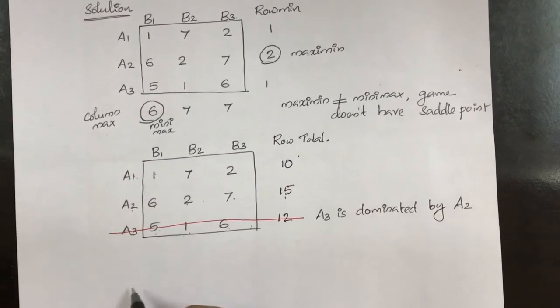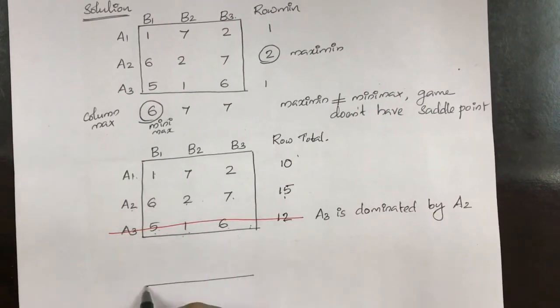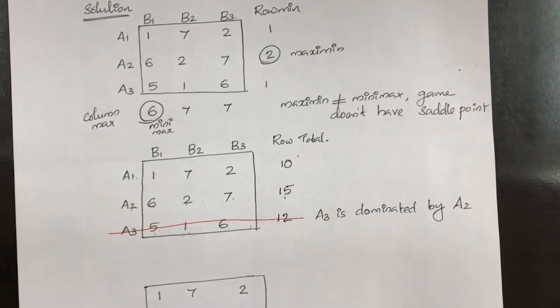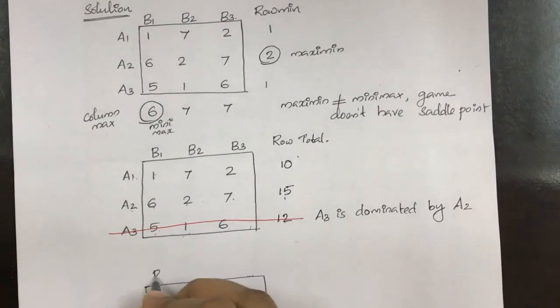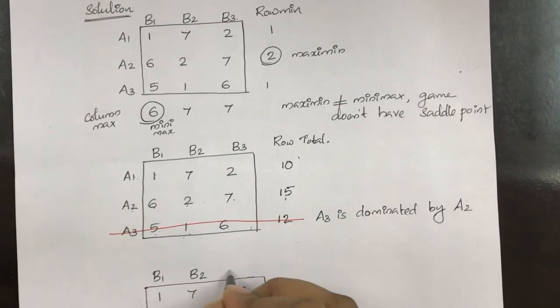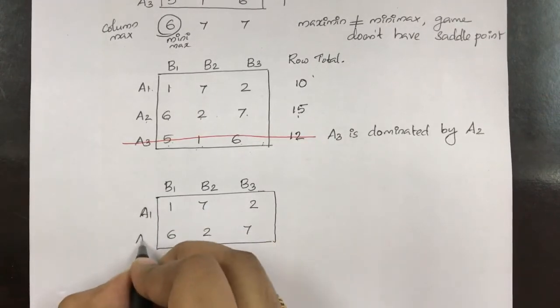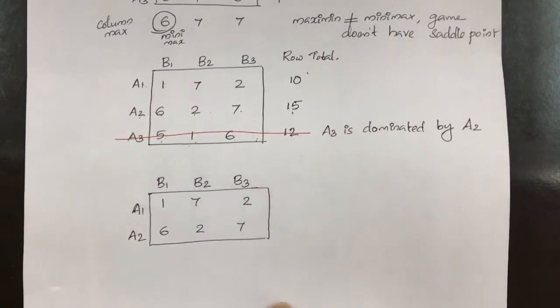Now the reduced matrix is 1, 7, 2, 6, 2, 7. That is B1, B2, B3 and A1, A2. This is the reduced matrix.